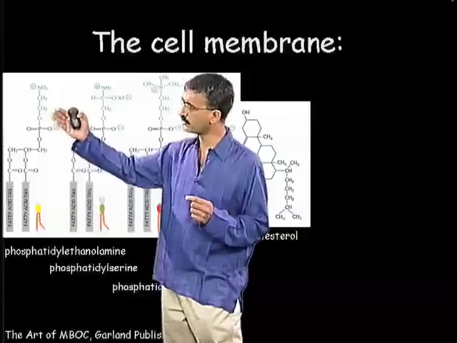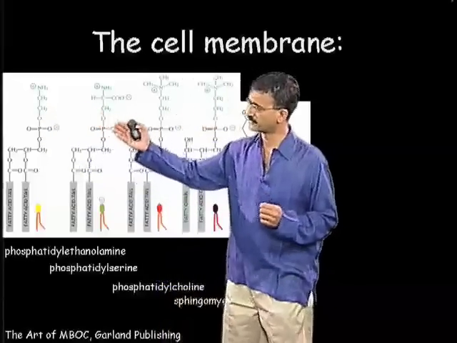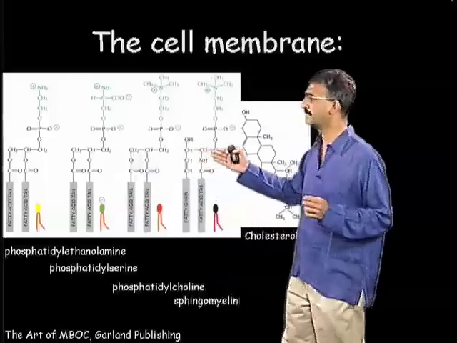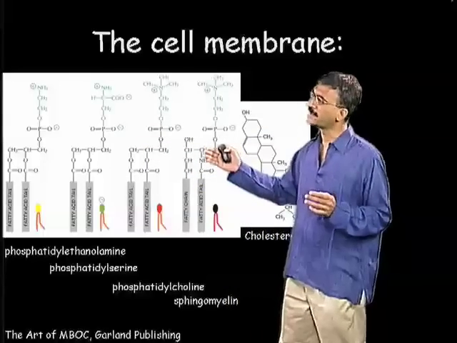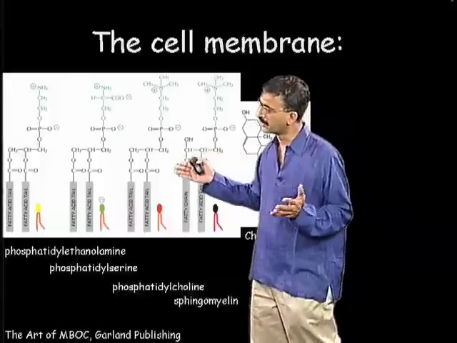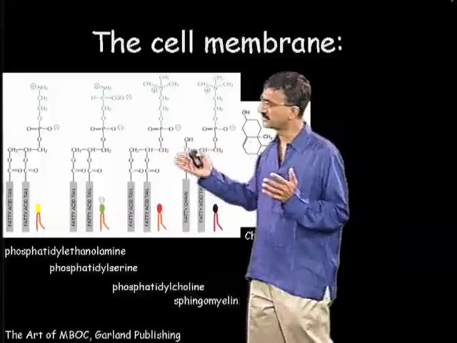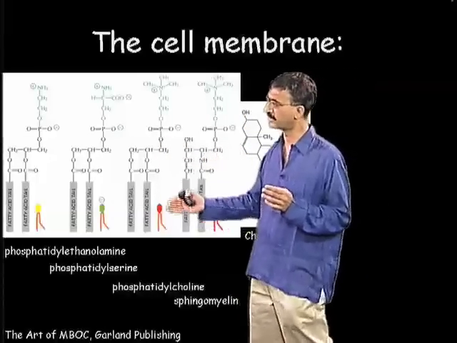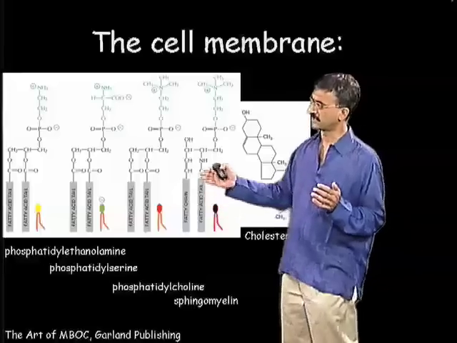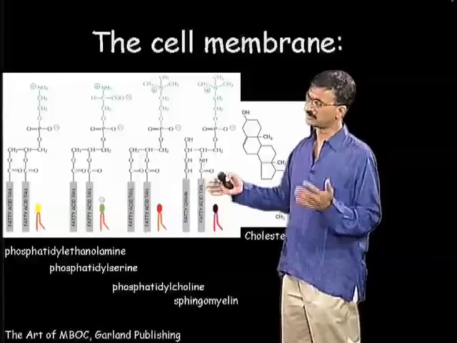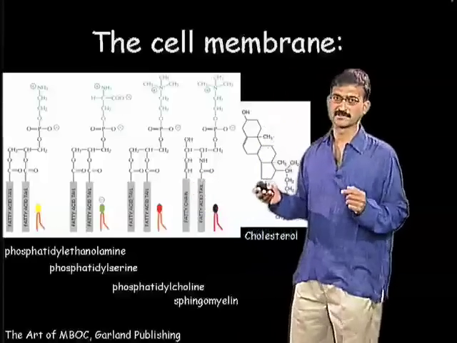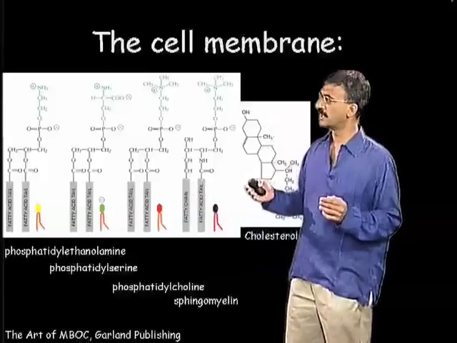The phosphatidylethanolamine is one type, the phosphatidylserine, the choline, and the sphingomyelin is another type of lipid. The constituents of each class differ from each other by the nature of the hydrophobic acyl chain that's attached to these lipids. The length and the degree of unsaturation characterize the differences between these different types of lipids.